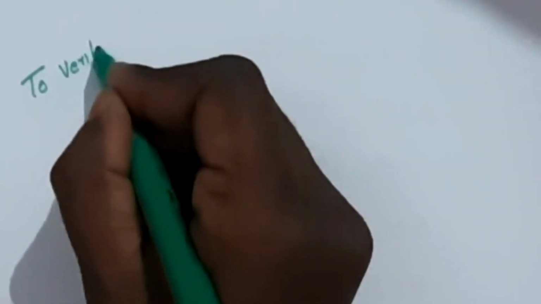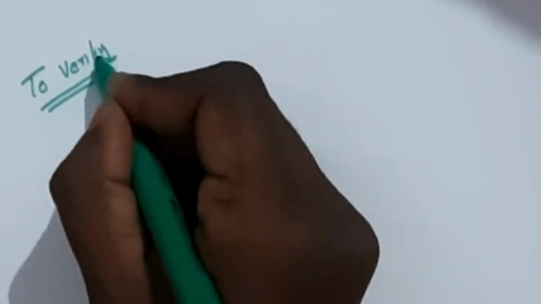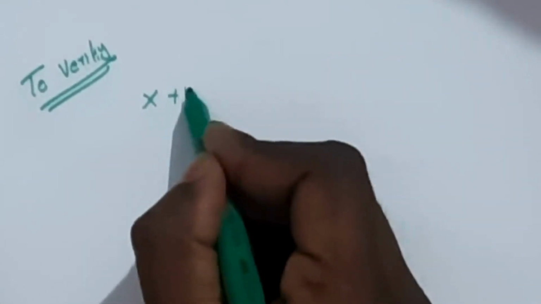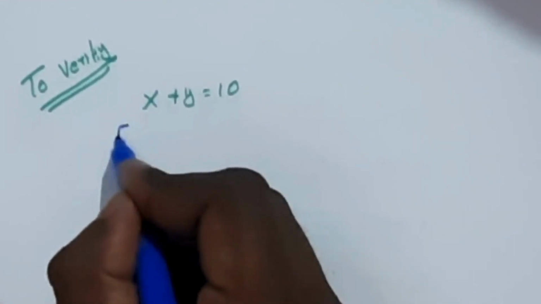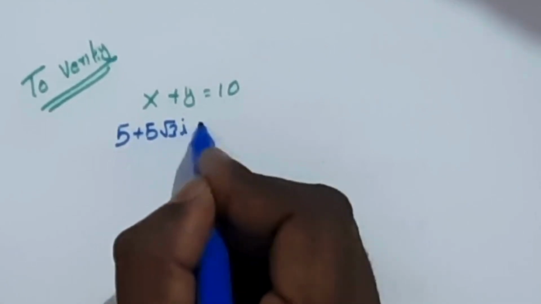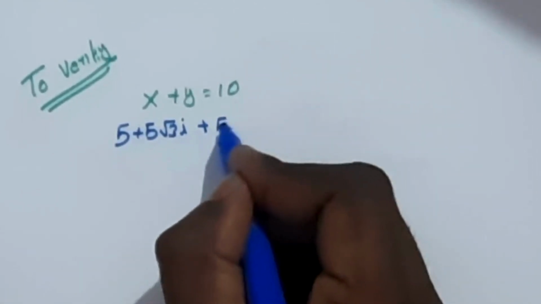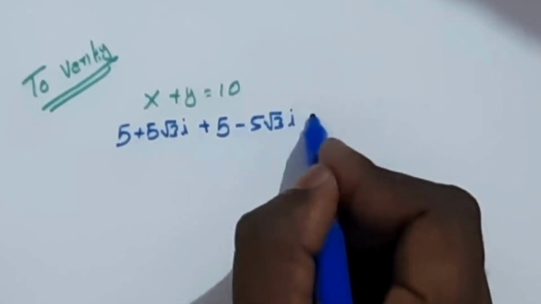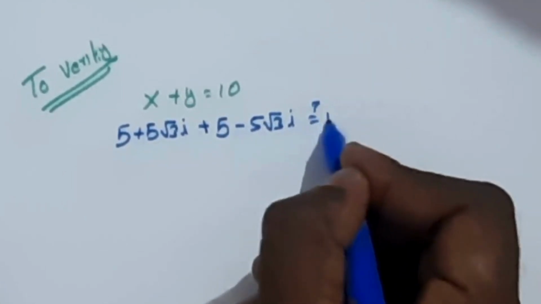Now verify. In the equation x plus y equal to 10: 5 plus 5 square root of 3i plus 5 minus 5 square root of 3i equal to 10.